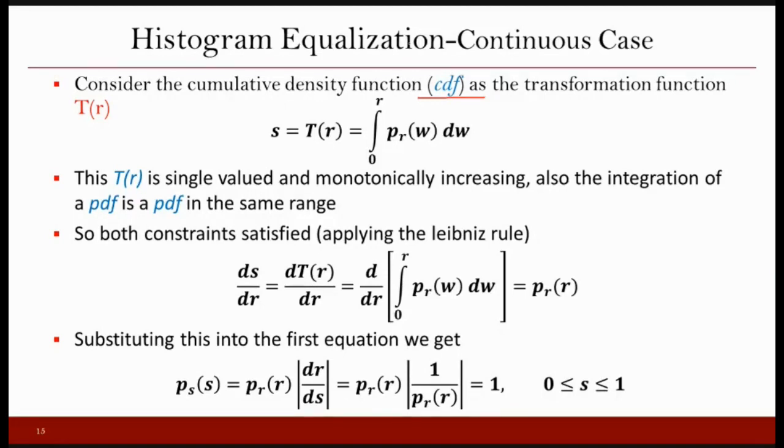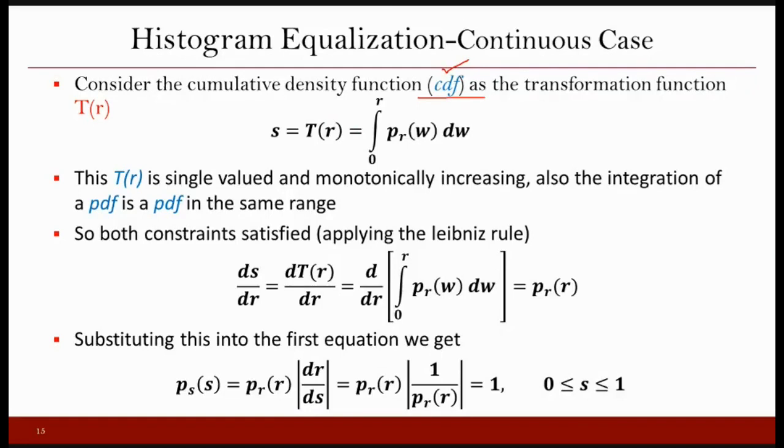So we are going to consider the CDF, cumulative density function, and we are going to show that this CDF can be a very good choice for T(r). That means this CDF actually satisfies all the requirements that we need to have for a T(r). Okay. So what do we mean by CDF? Cumulative density function.